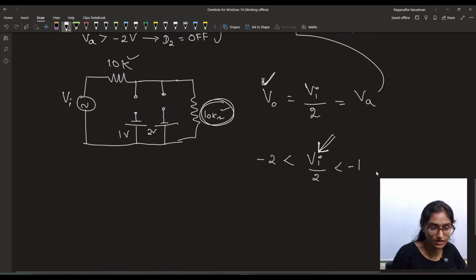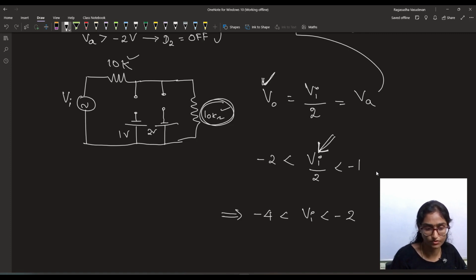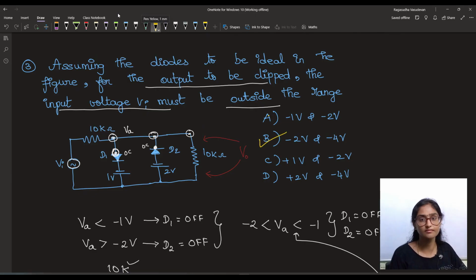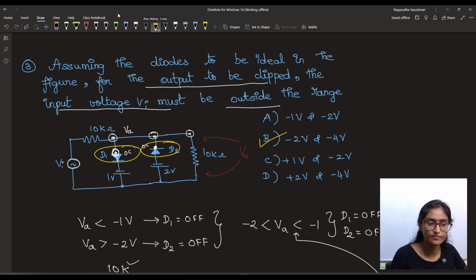What is the value of Vi? So this implies that it should be minus 4 to minus 2. Okay, this is option B. If you think a little bit, you can understand that it is only during this range that both these diodes will be off, and only then it will not disturb V0.